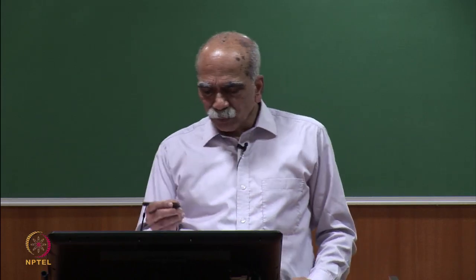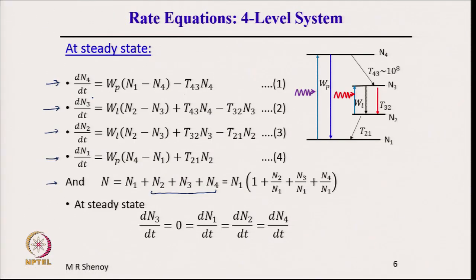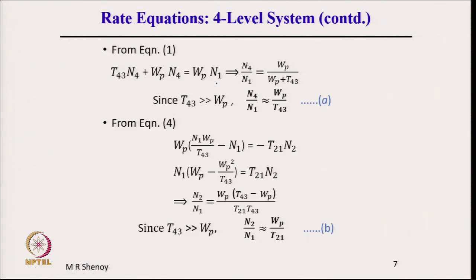All right. From equation 1, that is the first equation here, if we put dN4 by dt equal to 0, then this equals this one, and this contains only N4 and N1. Therefore, we can get the expression for N4 by N1. That is what is written here: N4 by N1 is equal to Wp divided by Wp plus 1 by T43, and as indicated earlier, T43 is much faster because it is a high speed non-radiative transition, and therefore, we can write N4 by N1 is equal to Wp into T43.